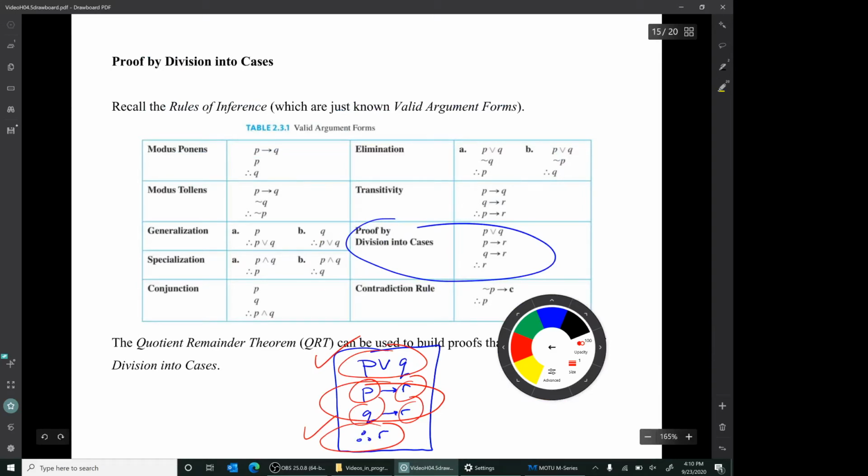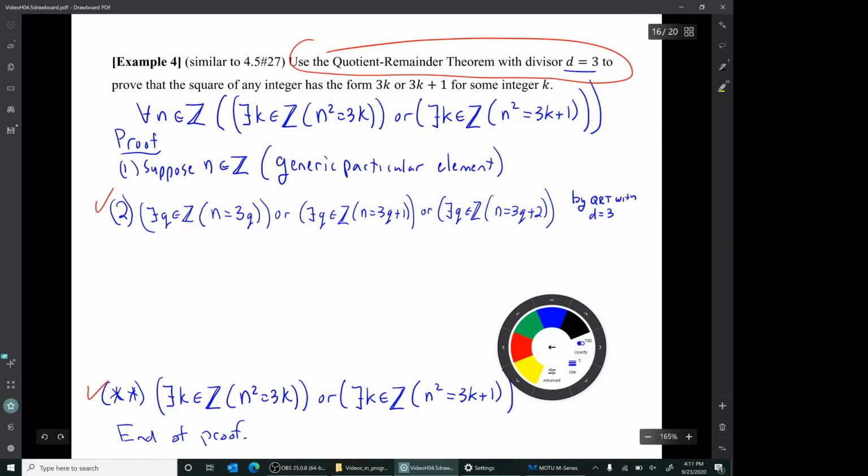Well, in fact, we're going to have 3 of these because our OR statement has 3 parts in it. So statement 3 is going to be case 1. Suppose that n equals 3q. In other words, suppose that this is the thing that's true.